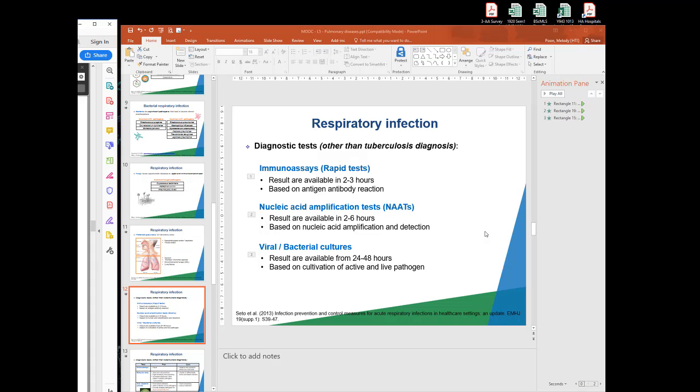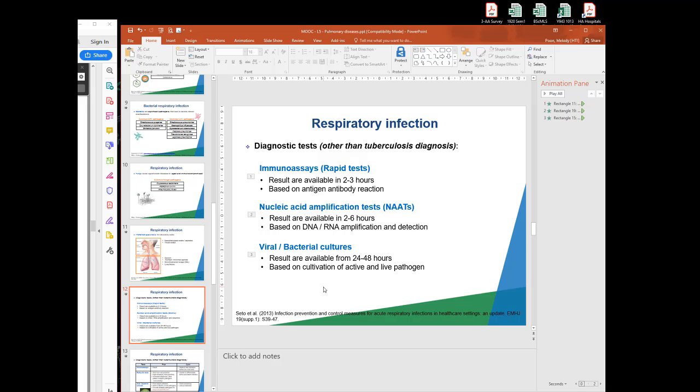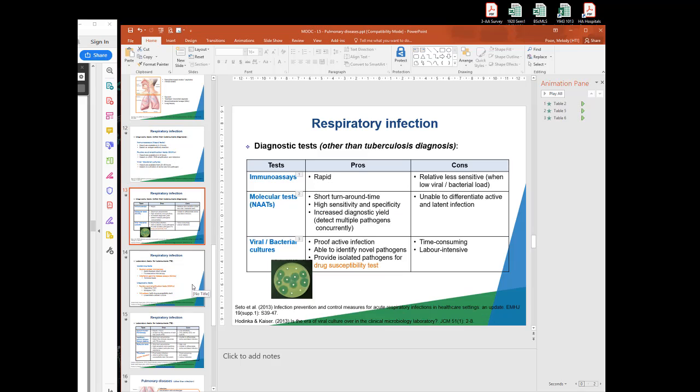Nucleic acid amplification tests can also provide results within several hours. They are based on DNA or RNA amplification and detection of the pathogen. Viral or bacterial culture is based on the cultivation of active and live pathogens, so the results will be obtained within several days.